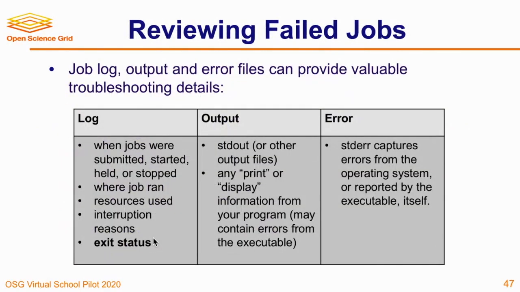So your first indications that something might have gone wrong are if your jobs have completed, they've left the queue, but you don't have the output you're expecting, or that output doesn't have all the data that you're expecting. And so there are various places you can look. The log file will have information about the steps that Condor took.